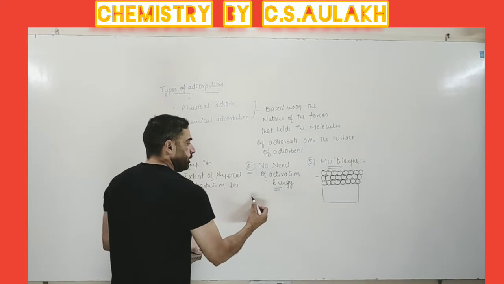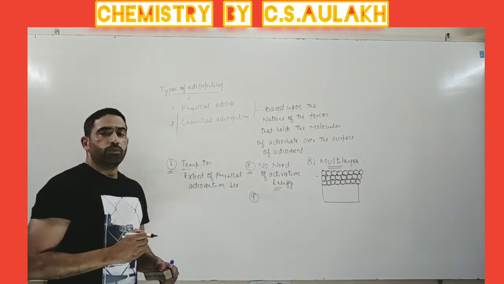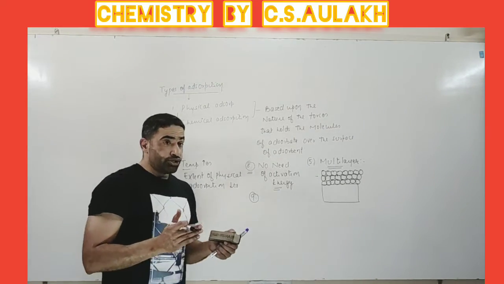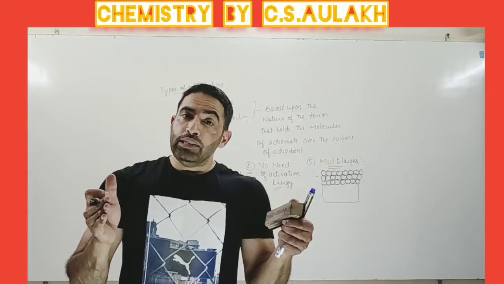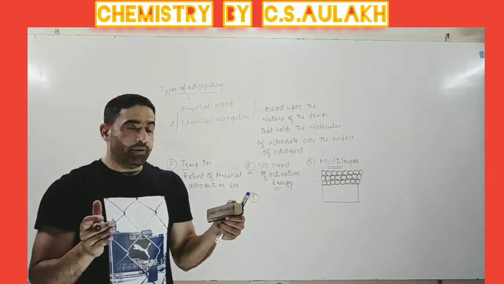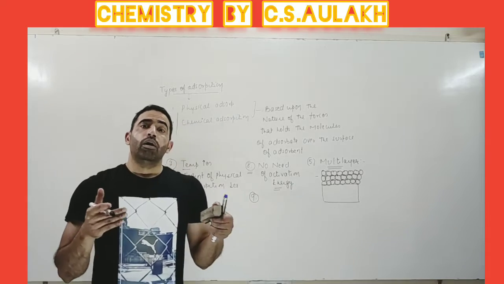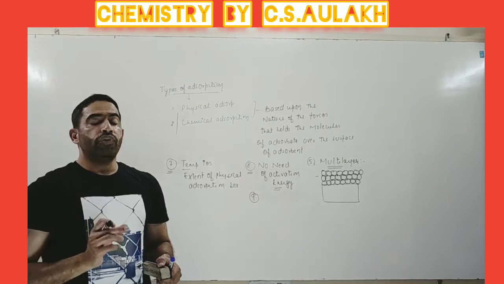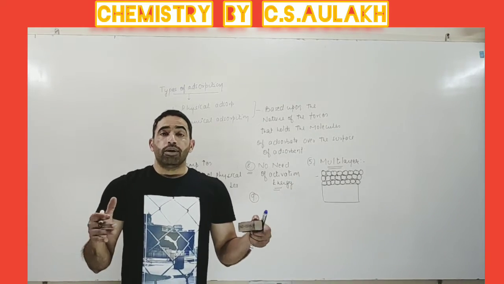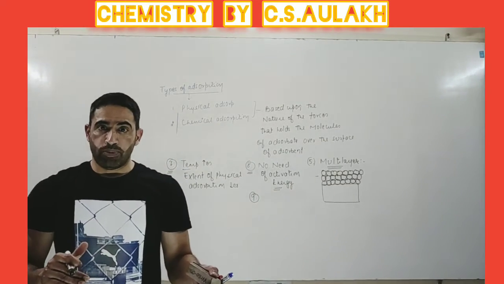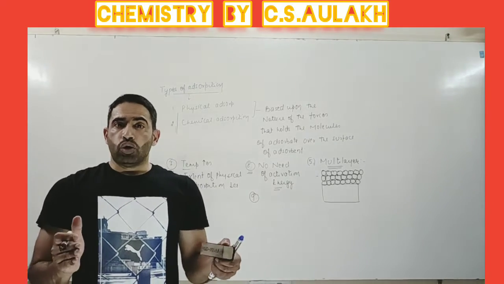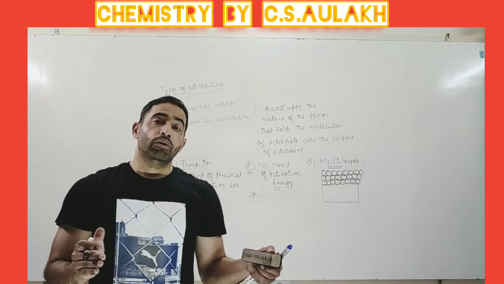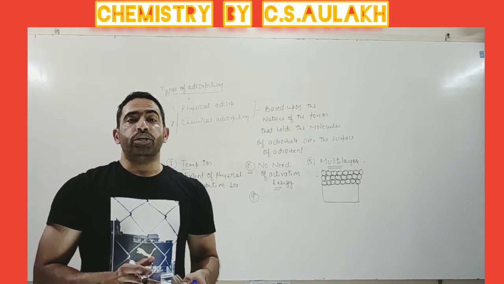Then the ninth characteristic of physical adsorption is that there is a relationship between the adsorbate and its critical temperature. This can be written only in case of physical adsorption where we are adsorbing gases over the surface of adsorbent. If we have an adsorbate gas, then its physical adsorption can be faster if its critical temperature is high.